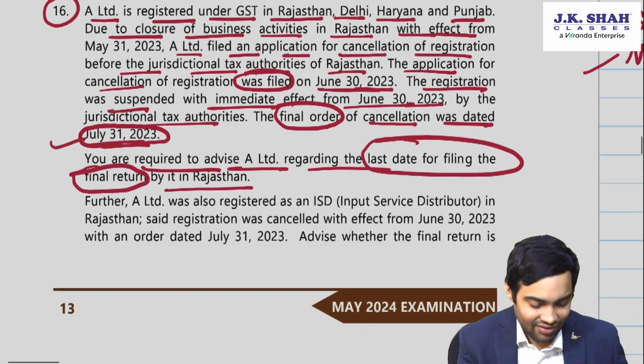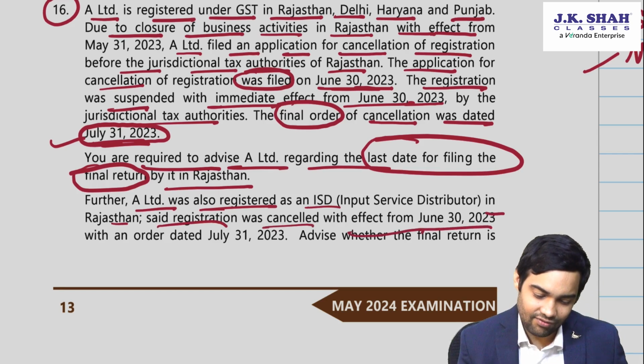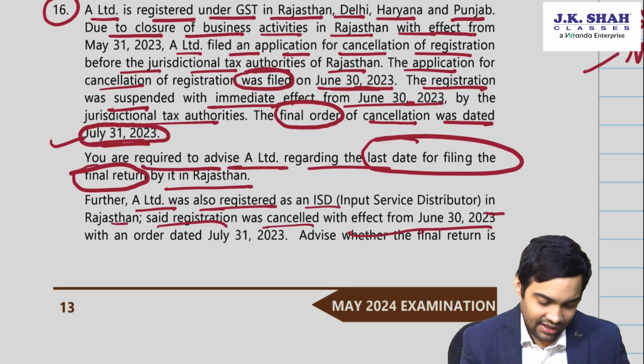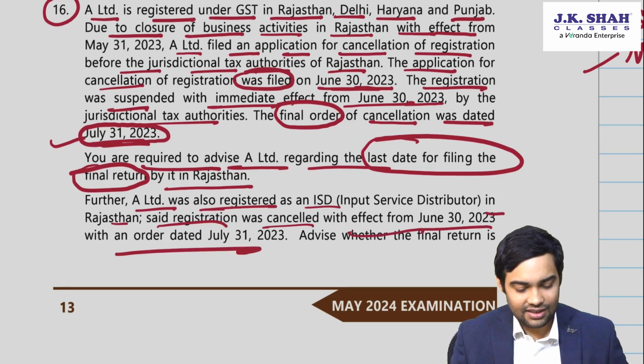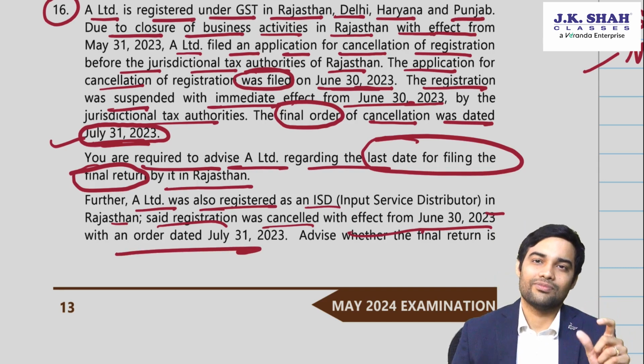Further, A Limited was also registered as an ISD in Rajasthan. The said registration was cancelled with effect from 30th June 2023 with an order dated 31st July. Anyways, whichever is later, date of cancellation or date of order of cancellation, whichever is later.